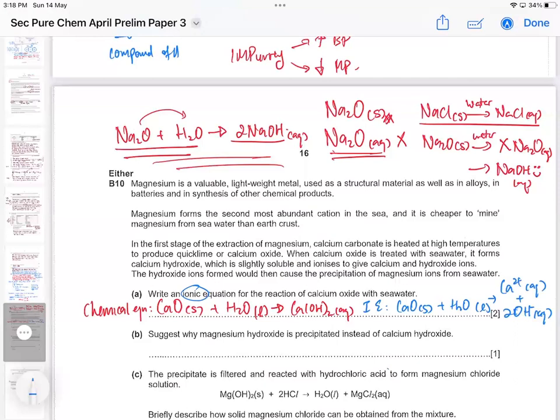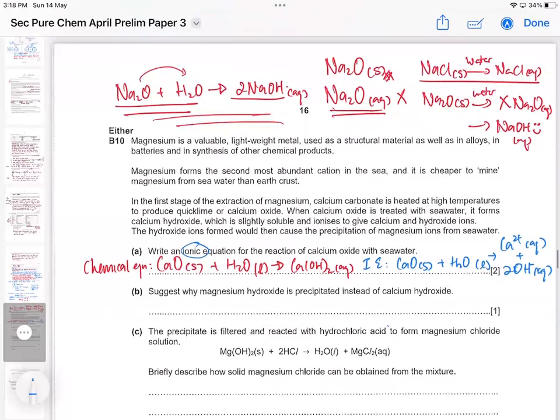Okay, so the question here mentioned magnesium hydroxide is more easily precipitated than calcium hydroxide. If something can precipitate out easily, most likely it is because the compound itself is pretty insoluble.